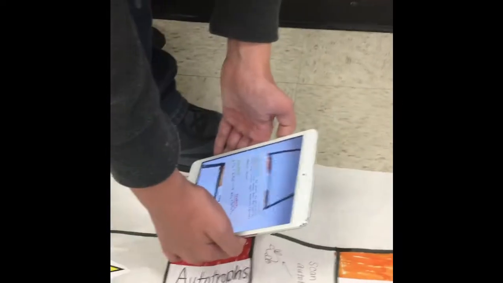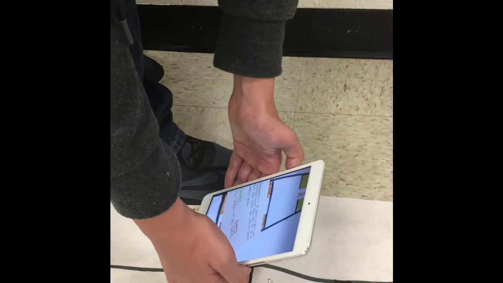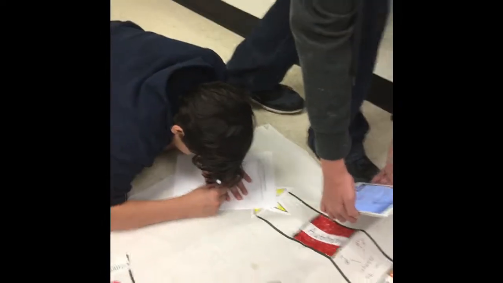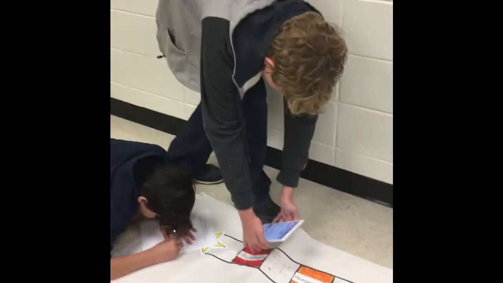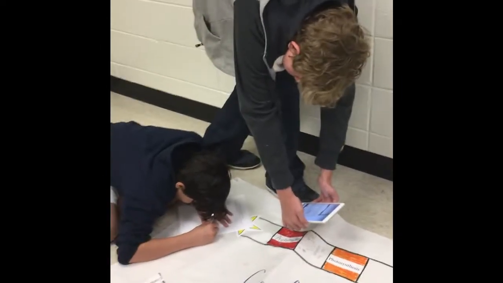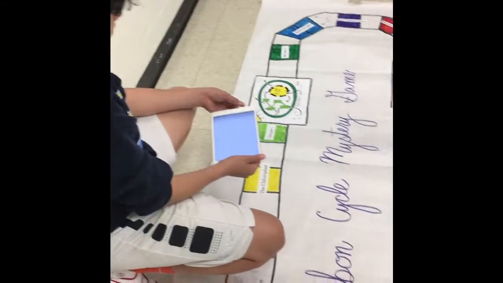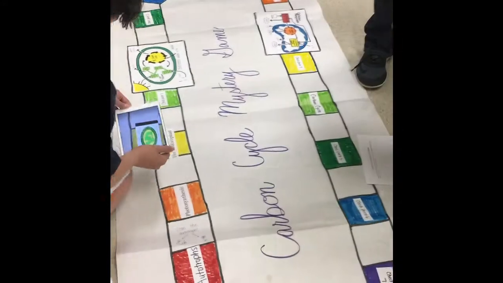Then there's the chemical reaction, which is 6CO2 plus 6H2O, and then the reaction, then 6O2, plus C6H12O6. Okay guys, let's see what we can learn about the chloroplast and how it helps our autotrophs.